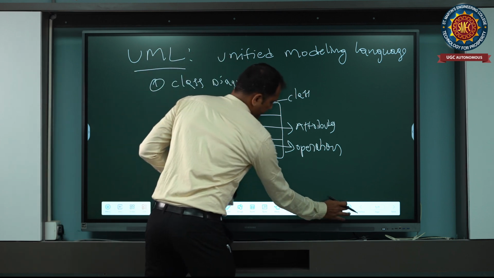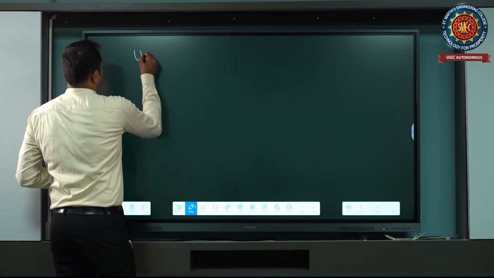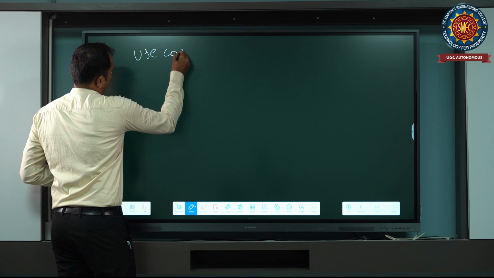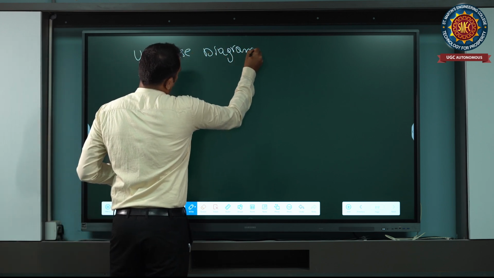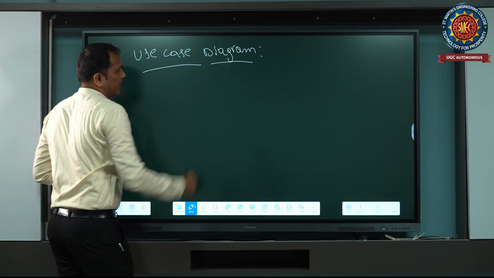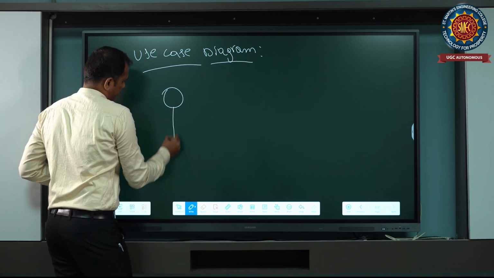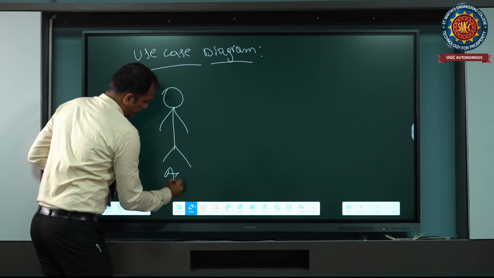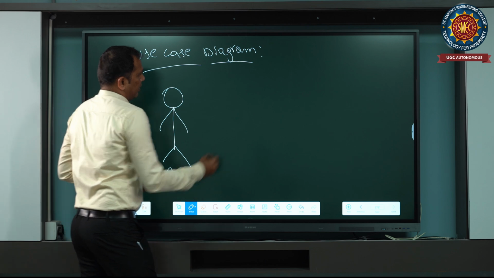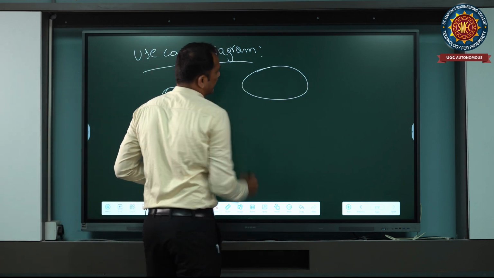Next one is the use case diagram. In the use case diagram, we have one actor. It represents the functionality, and we use the use case symbol.